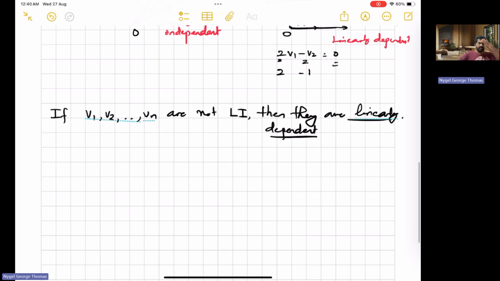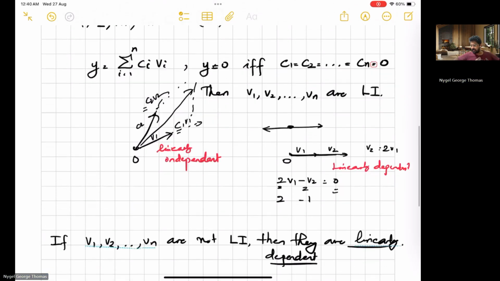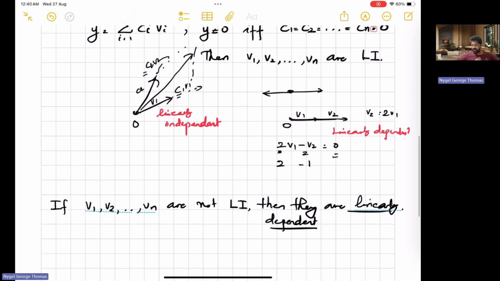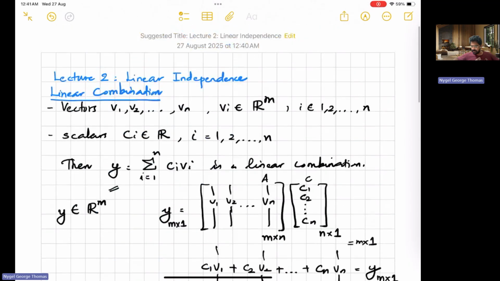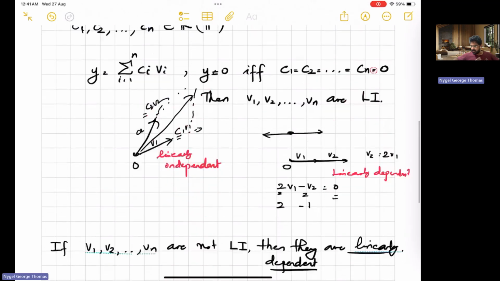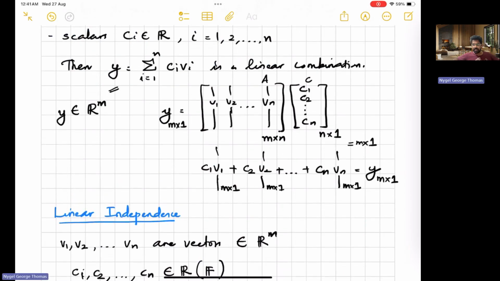This is how linear dependence is defined. Hope this is clear. You can even extend it to other dimensional vectors. I've taken a two-dimensional vector, you can extend to three-dimensional vectors as well. So this is the idea of linear combinations and linear dependence. I think we can wrap this topic up.